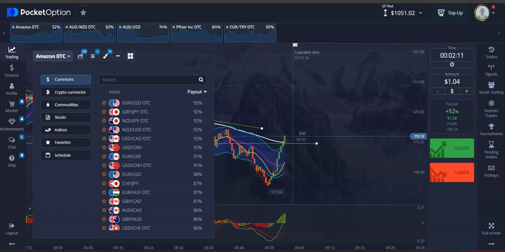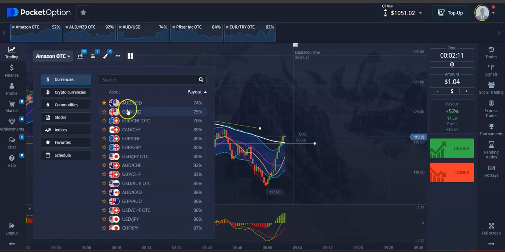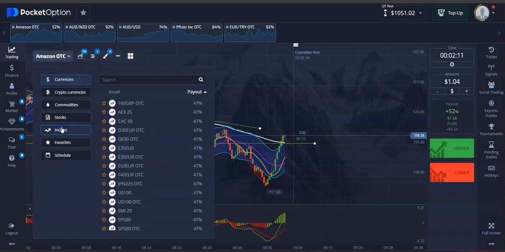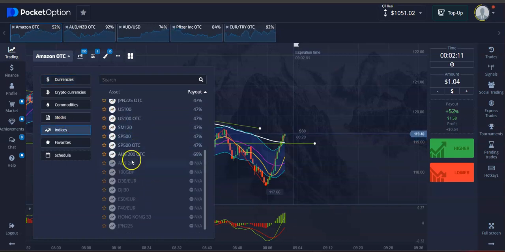Yes, that's true, because with the OTC market you can trade at any time, whereas with non-OTC you can only trade at certain times. For example, if you come over here, we can see that these ones are not available at the moment.